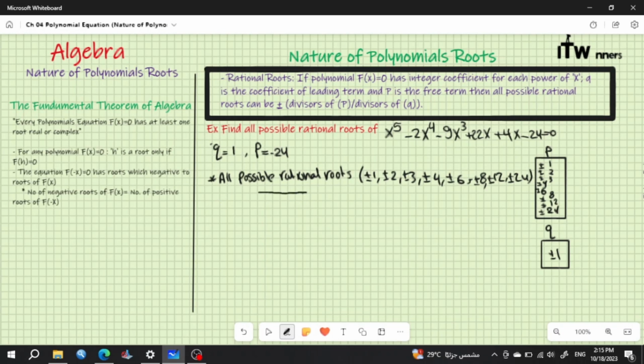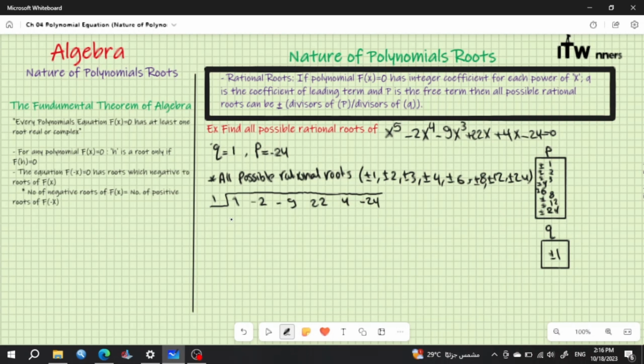Here we have the coefficients of this equation: 1, negative 2, negative 9, 22, 4, and negative 24.